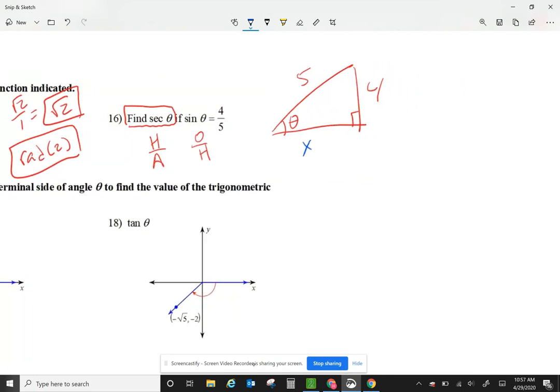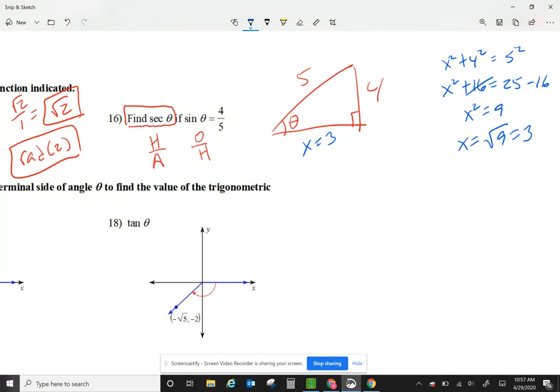And I'm just going to say that x squared plus 4 squared is equal to 5 squared. I have that x squared plus 16 is equal to 25. Let me subtract 16 on each side. So I have that x squared is equal to 9. So it means that x must be the square root of 9, which is better known as 3.